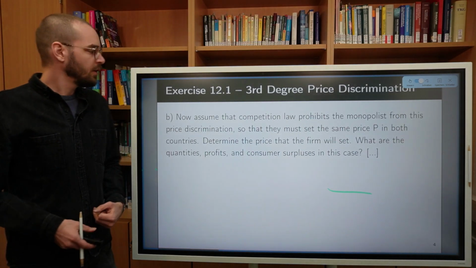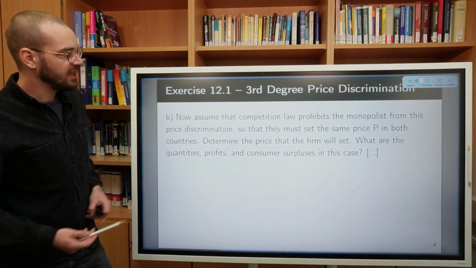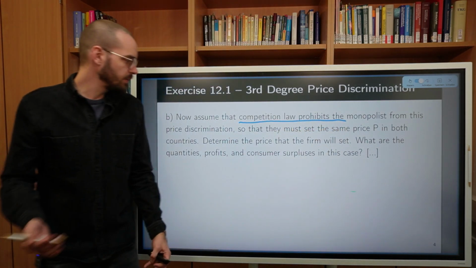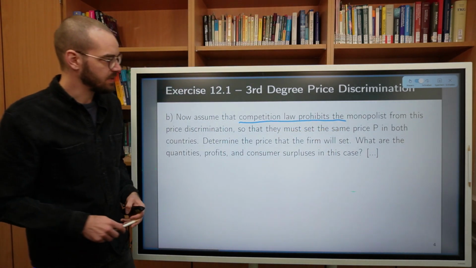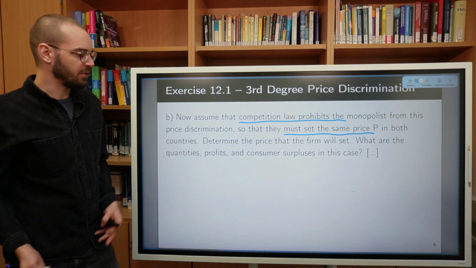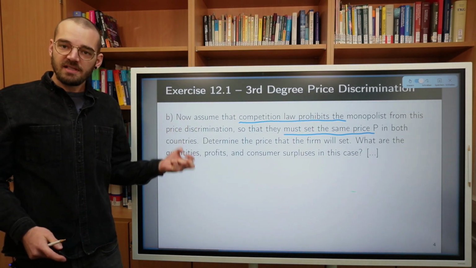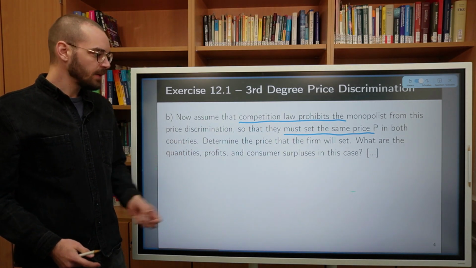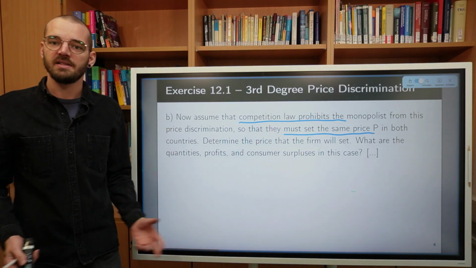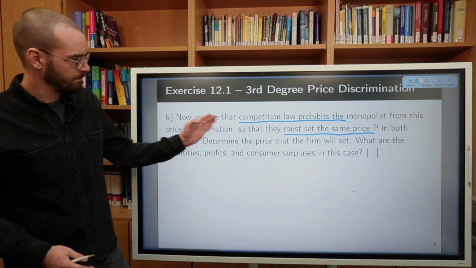Moving forward, we are now considering what happens if the monopolist is no longer allowed to discriminate in prices. What this means is that the monopolist must set the same price P in both countries or in both markets. Again, for this adjusted situation, we are asked to find the market equilibrium, that is, find the price the firm will set, find the quantities that result in both markets, find profits, find consumer surplus in this case.